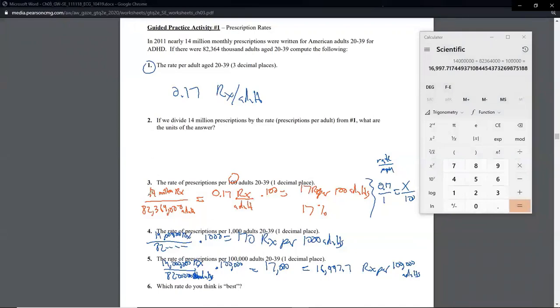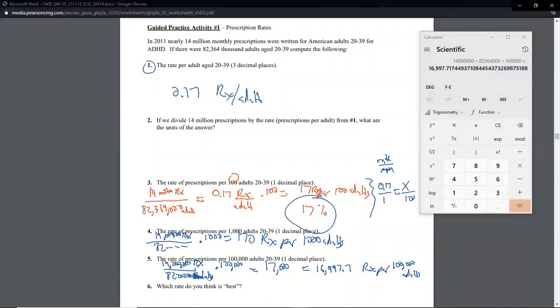So one person might think that the first one is the best because it's the simplest, it's less than 1. Maybe they just like decimal values and they like thinking about per adult. Another person might say, well, I like the answer to number 3 more because since we scaled it to 100, we've talked about how scaling to 100 relates to a percent. So a lot of people like to think of things as percentages. So 17% of adults in this age range are expected to have an ADHD medication.